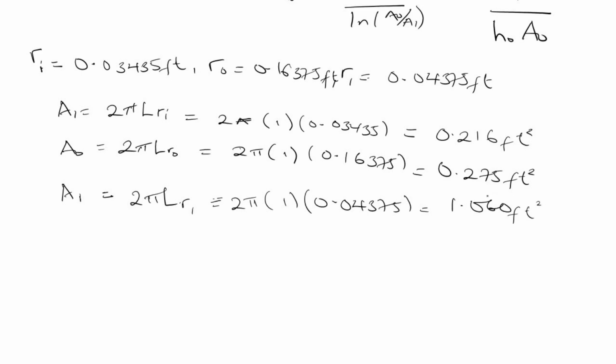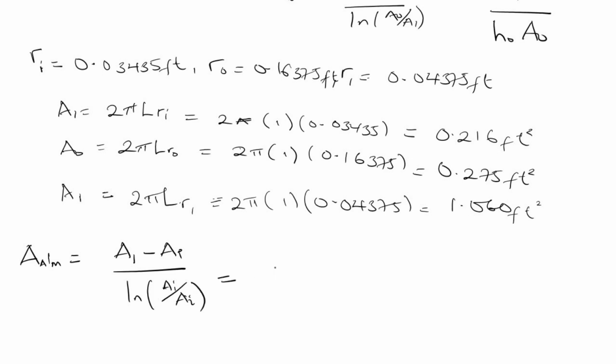So now I have my A's, which I will use to calculate log mean areas. From the formula above, the log mean of A, A1 minus AI over ln of A1 divided by AI.